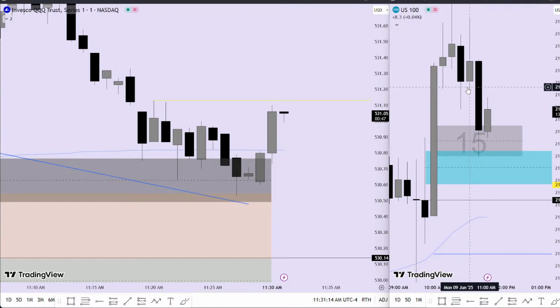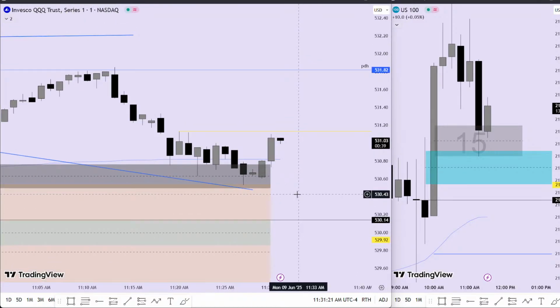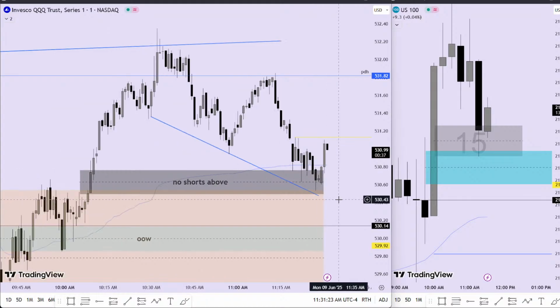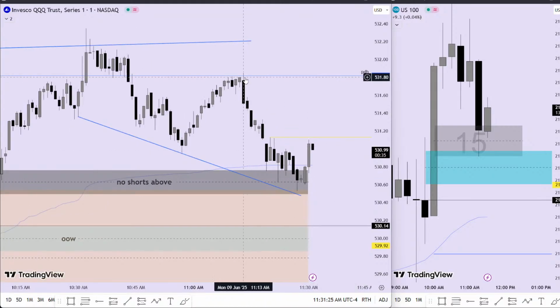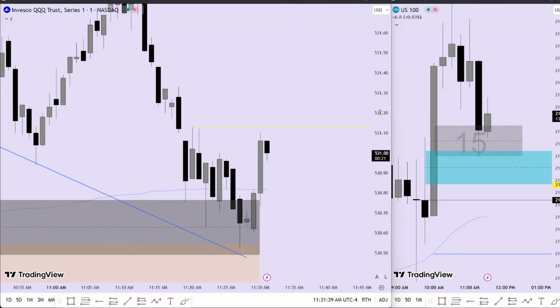So that is 21,813.3. But I need some good follow through. This is the tight bear channel, a tight bear trend that evolved into a channel that evolved into a trading range, a minor trading range.